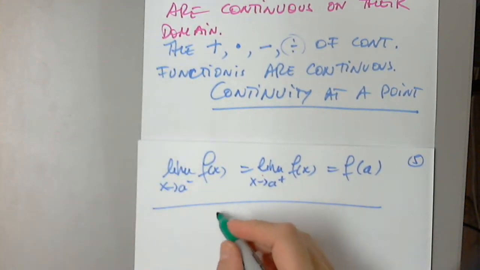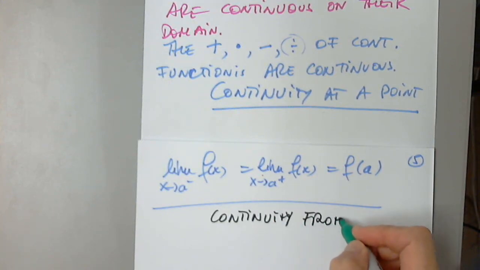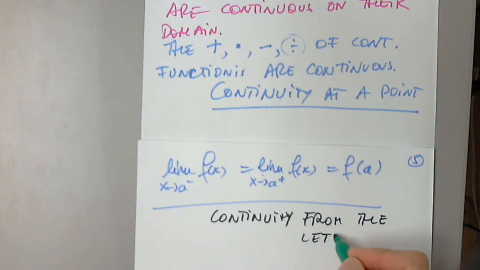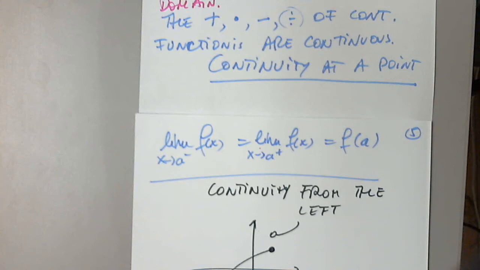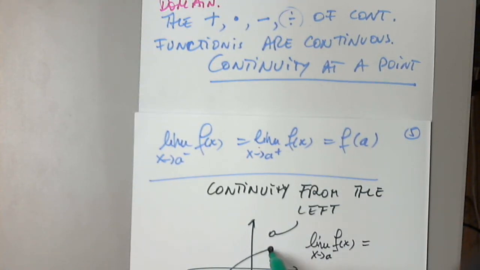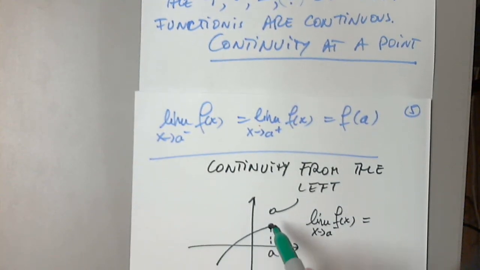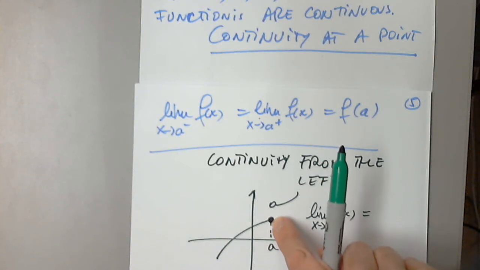Okay, continuity from the left. Here's an example of a function that is continuous from the left. Why? Because the limit of f of x as x approaches a from the left equals f of a.